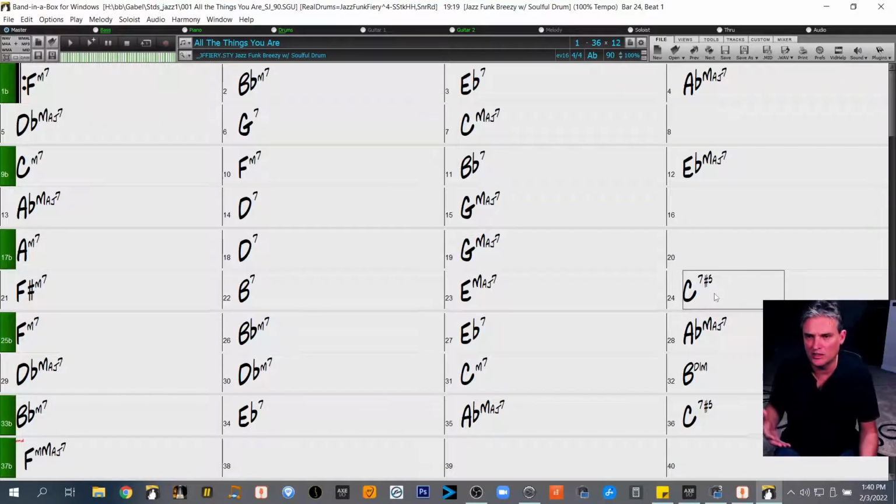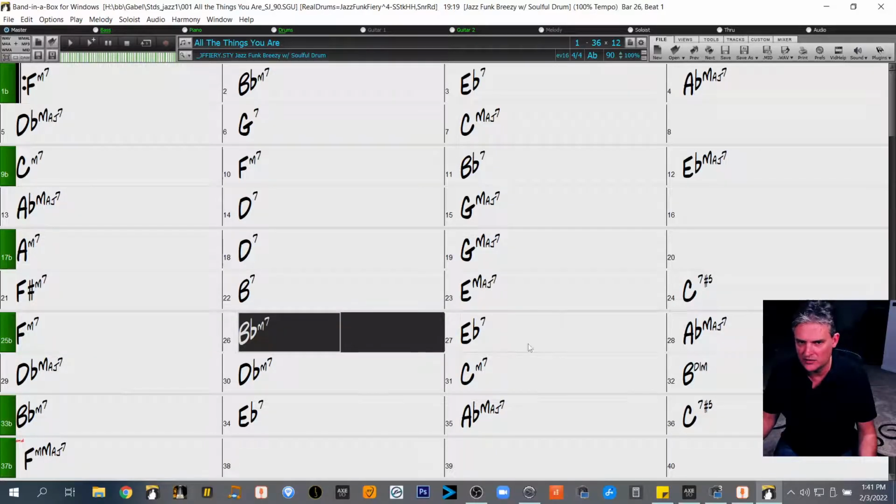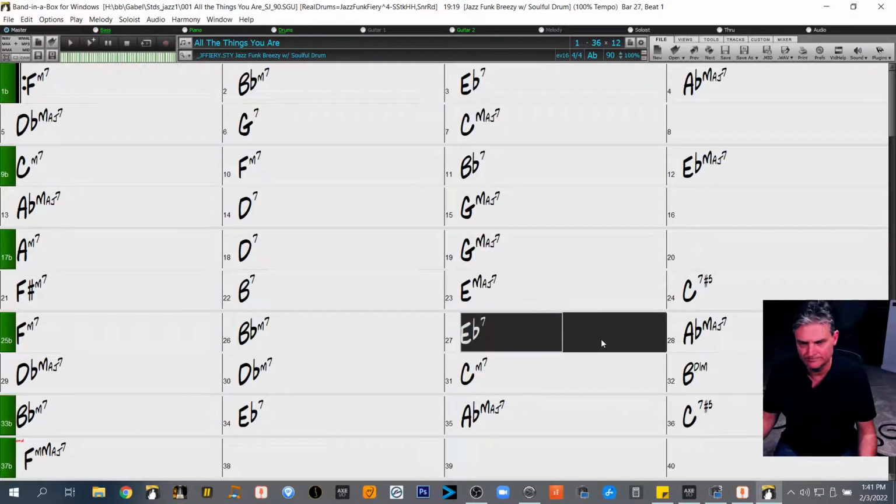A better way, in my opinion, is to look past the C7 sharp 5 and see what happens afterward. And then we can come back to the C7 and see how it comes into play. So if we look after this C7 sharp 5, we have F minor 7, B flat minor 7. Where's our dominant? It's right here.